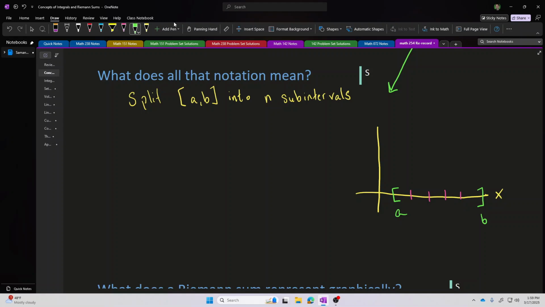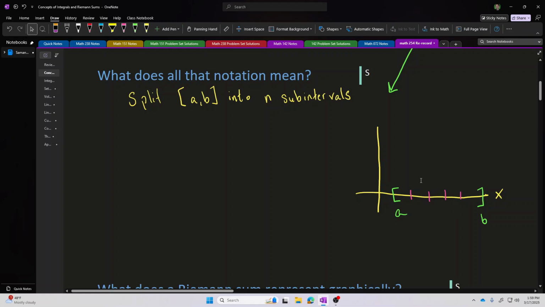Now, for each of these subintervals, I'm going to go in and select an x value. For example, a common choice is to go into each interval and choose the x value on the left side of the subinterval. Or it's common to choose the x value on the right side of each subinterval.